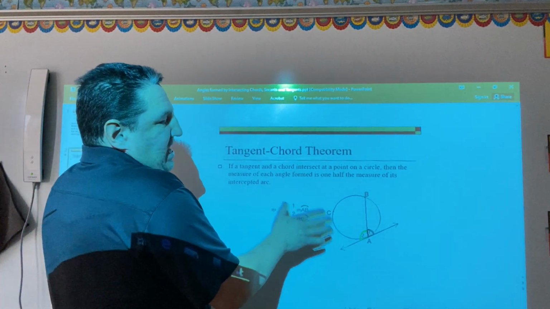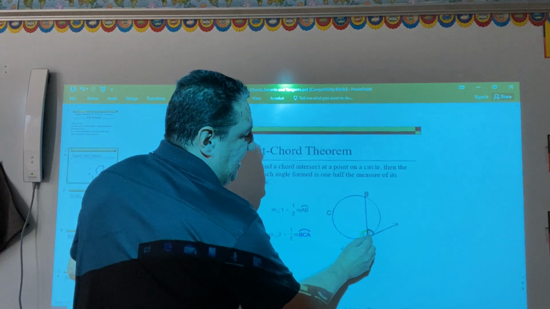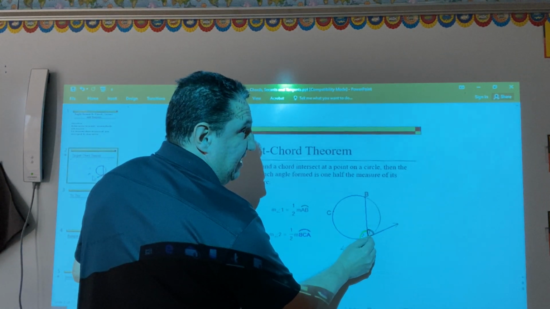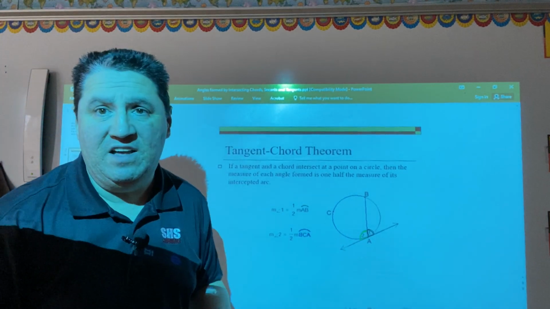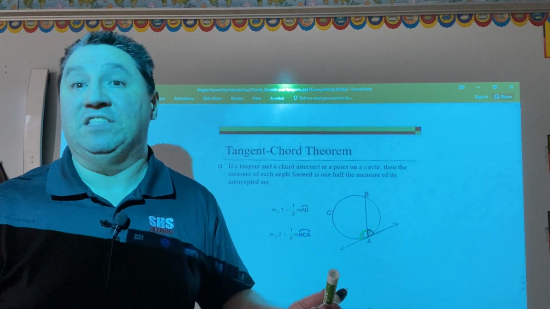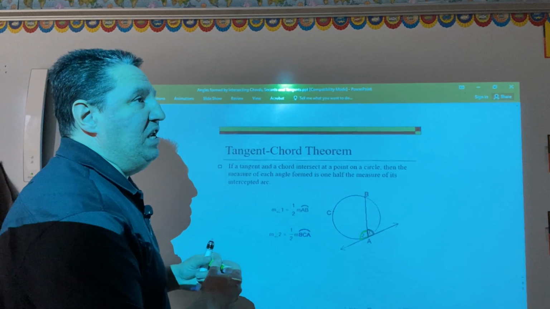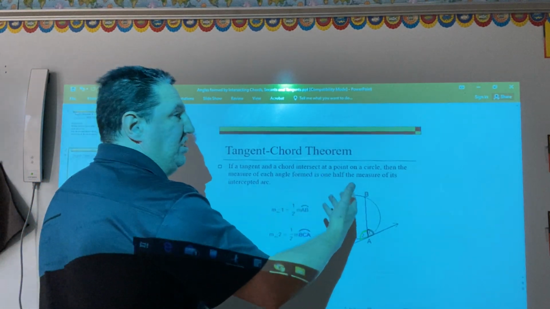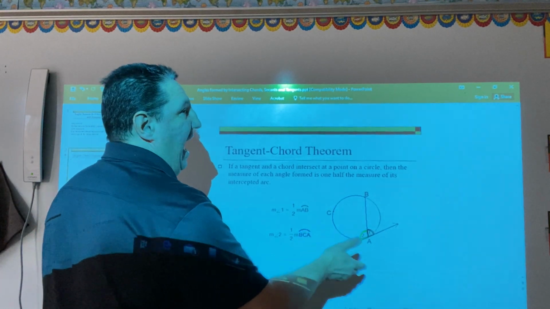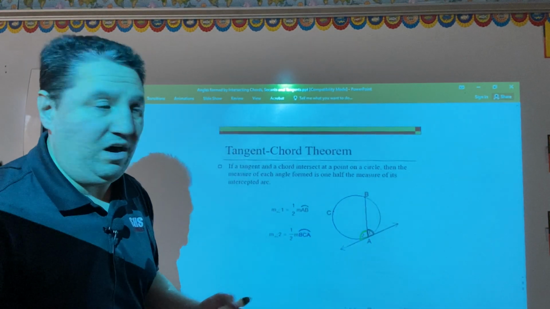Because these angles have their vertices on the circle, in fact, they are inscribed angles. And we know the measure of an inscribed angle is 1/2 of its intercepted arc, right?